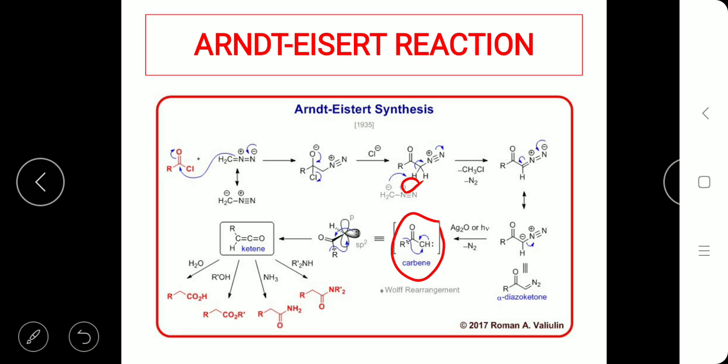You can see RC double bond O CH is the carbene here, which is generated once there is the departure of the nitrogen molecule. Now we know a carbene is carbon having a lone pair, that is an electron pair, bonded to a carbonyl group. So whenever there's a carbon having a lone pair on it, it is always called a carbene.